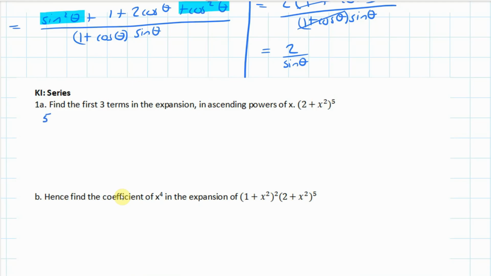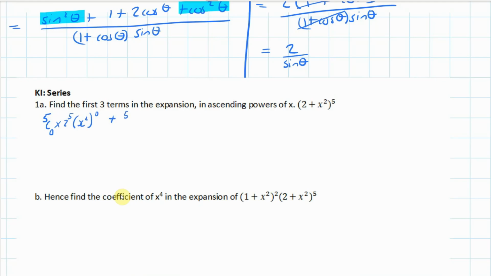The first term, we'd get 5 choose 0, times 2 to the power of 5, and the other term would be x squared to the power of 0. So that's our first term. And we're wanting ascending powers of 0, so that one's to the power of 0.